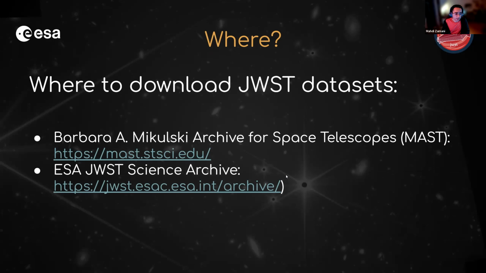The other one is a service by ESA, and the ESA one is designated just for the James Webb data. So you can go to the science archives, search the name of the object you're looking for, and try to find the observation by Webb if it has already been taken.